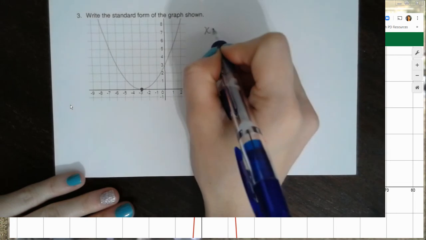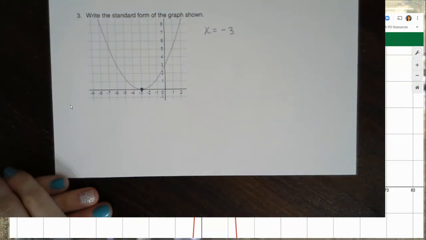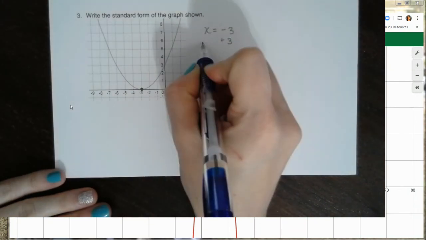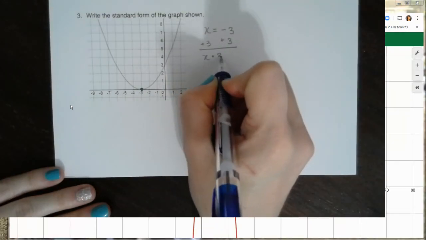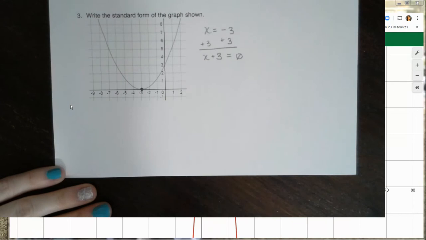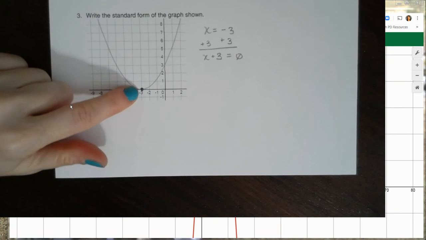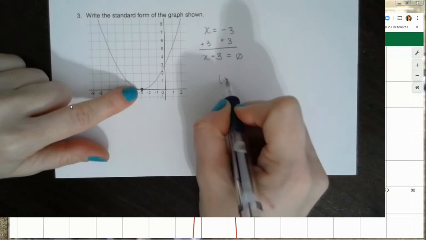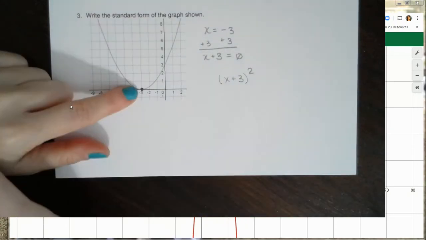So here is my root. My root is x equals negative 3. To find my factor from my root, I'm going to set this equal to 0. So this tells me x plus 3 equals 0. Now there's only one root, which means that this factor is being squared.